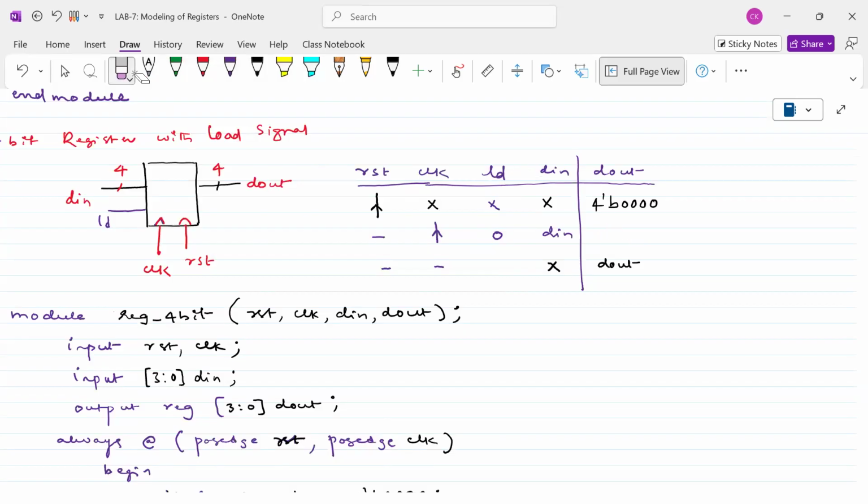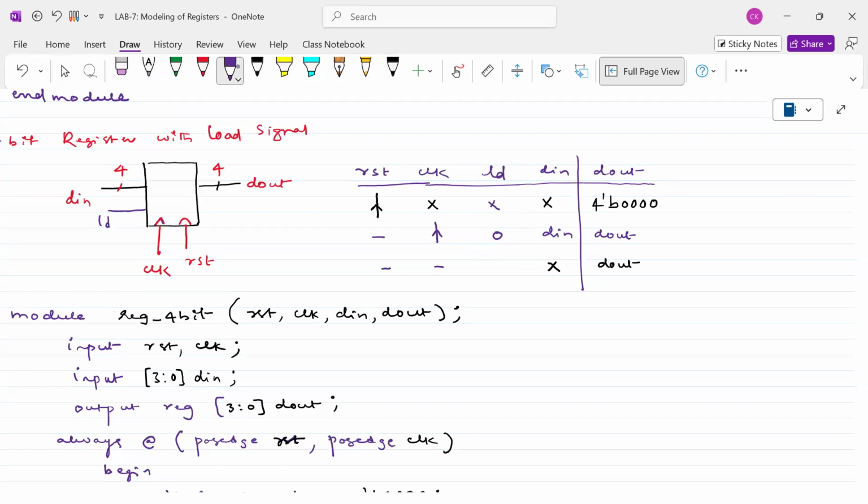If this is the case, we have to use the DOut signal. That means I want to keep only the previous value. Because the clock is there, at the instant of the clock, the load signal also should be there. At the first edge of the clock, if the load signal is not there, we don't transfer the data.